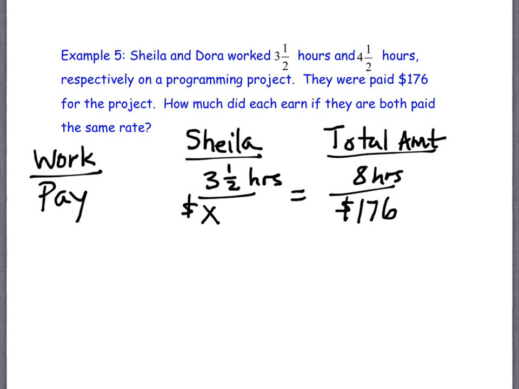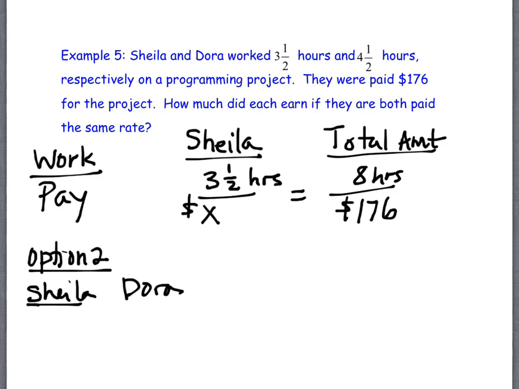Let me show you option number 2. To be honest, I think option number 1 makes the most sense, and you'll like it the best, but some of you might not. We could compare Sheila and Dora. Sheila would still look like 3.5 compared to X. Dora would look like 4.5. But I don't really want to put Y down here. But here's what I could put.